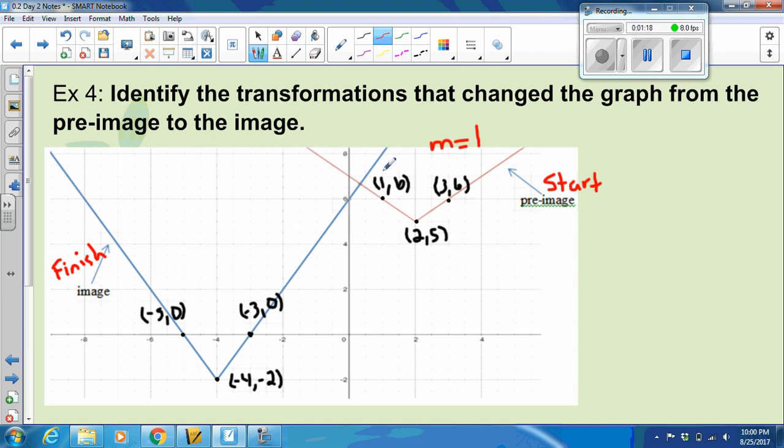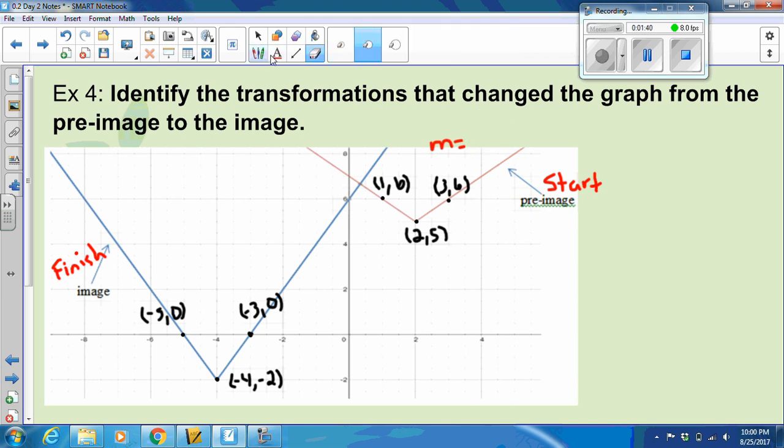For your preimage, the points would be (1, 6), (3, 6), and then your vertex is at (2, 5). And for your image, our vertex is (-4, -2), and the other two key points are (-5, 0) and (-3, 0).